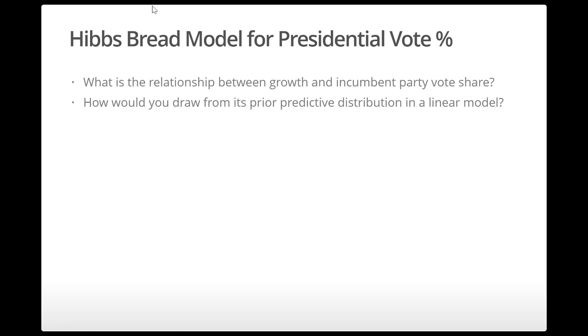So if you're at average growth, then we're anticipating something in the low 50s. If you had, let's say, 3% growth rather than 2% growth, then we're predicting 54, 55%. And if there was a recession, let's say 0 growth, then we'd be talking 45, 46.